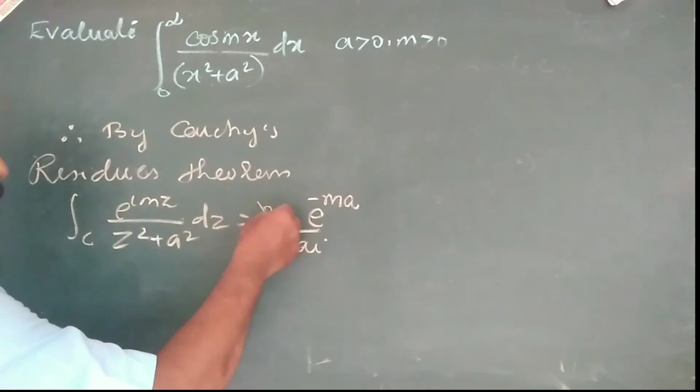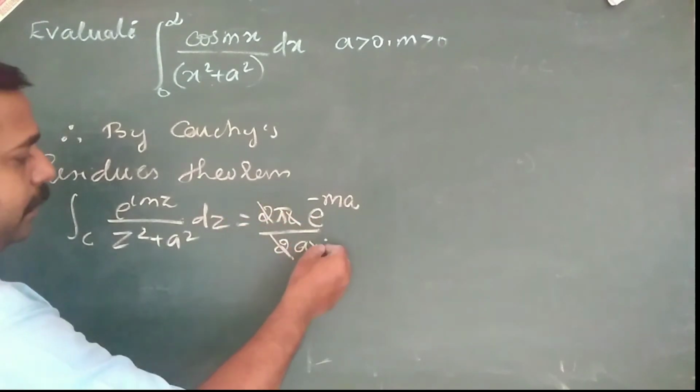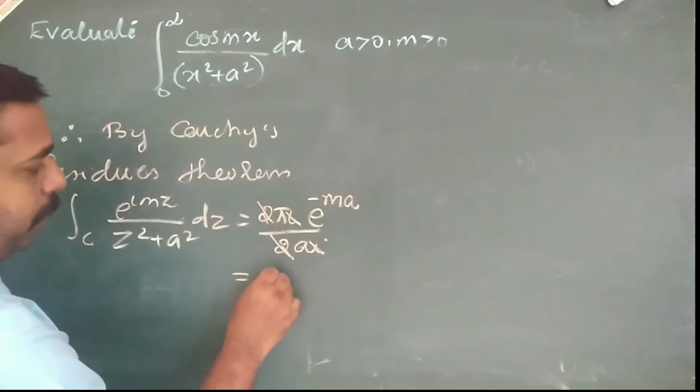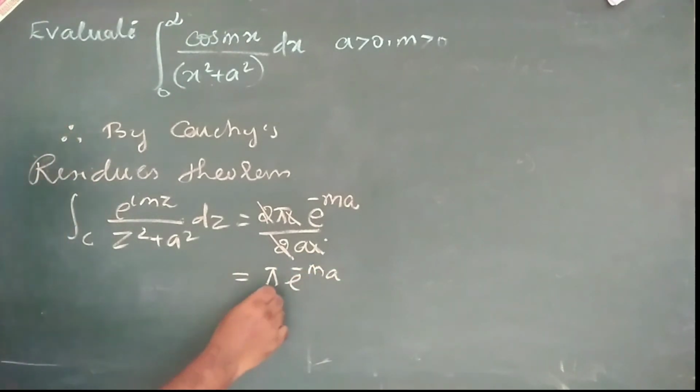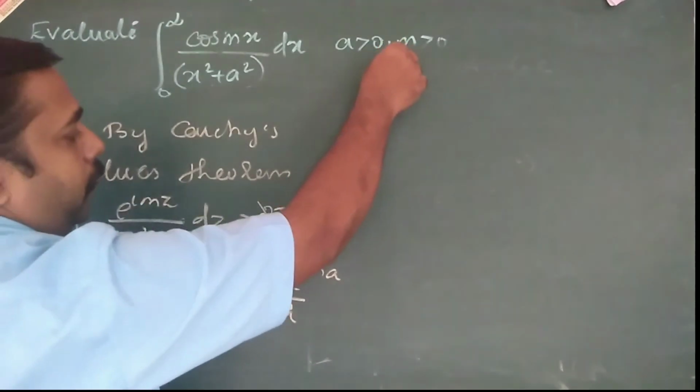So the 2 cancels, this i cancels, that is equal to pi into e raised to minus ma divided by a. So this is this integral value.